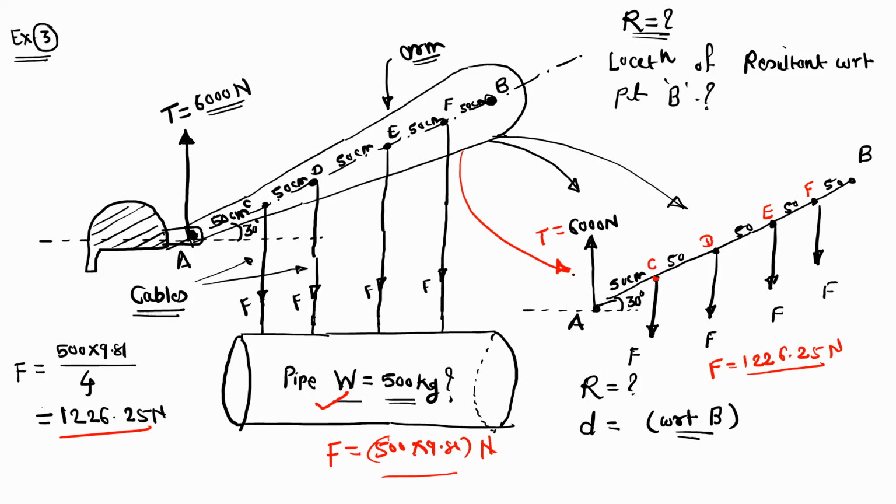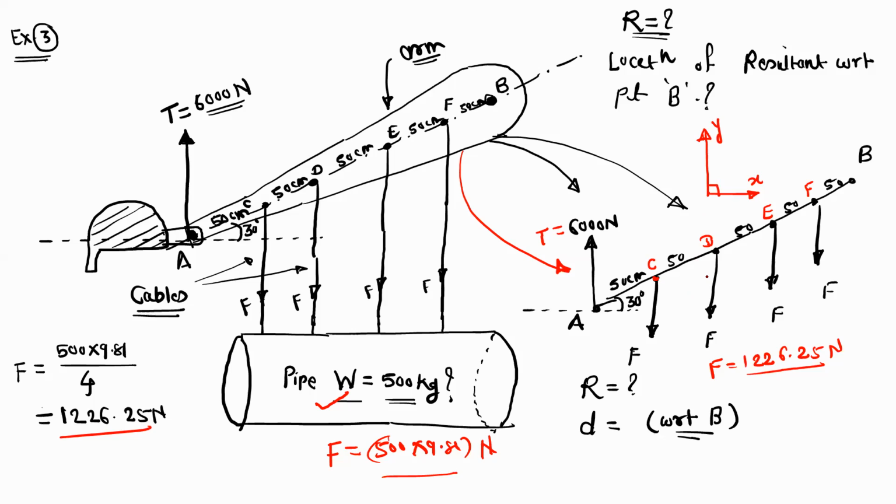So when we find out the resultant, we can consider this vertical axis as the y-axis and this horizontal axis as the x-axis. Okay, so all the forces are acting only in the y direction, so there is no need to resolve the forces. So this is actually a parallel force system.